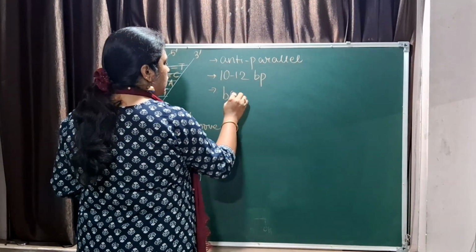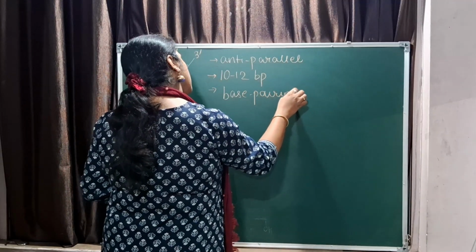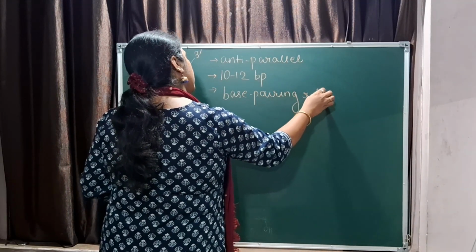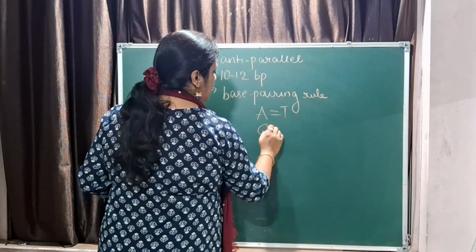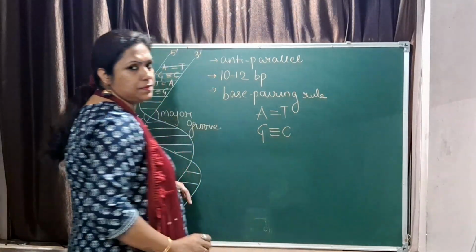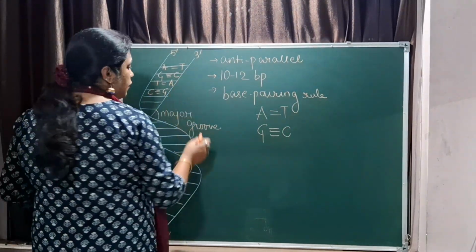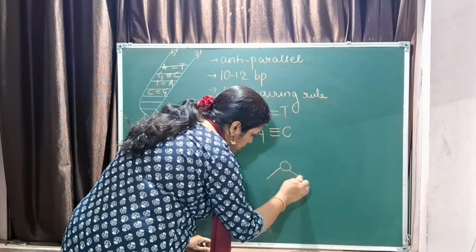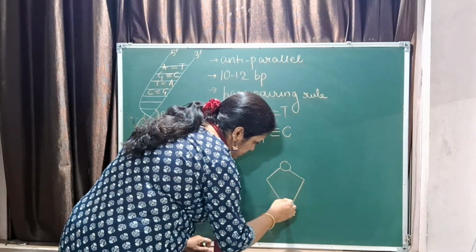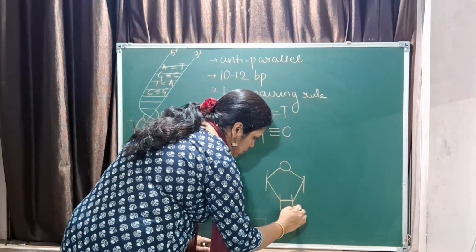Base pairing rule, the complementary base pairing rule states that A bonds with T by double bond and G bonds with C. Is that clear? Now the phosphate, if you see the structure, you have the ribose sugar, right? Here you have, this is the sugar, okay?